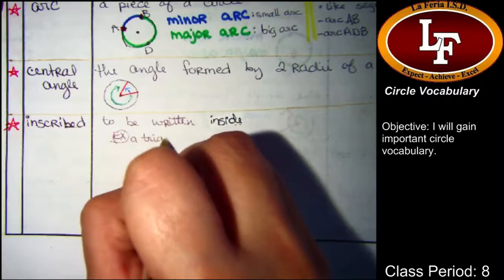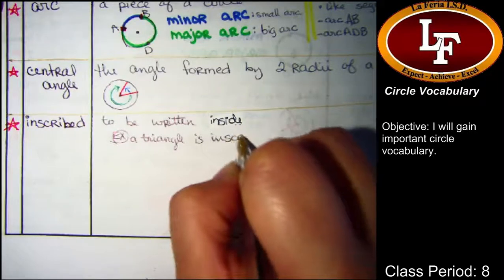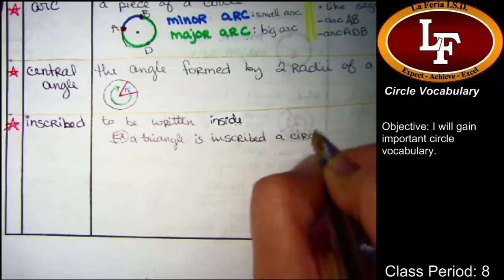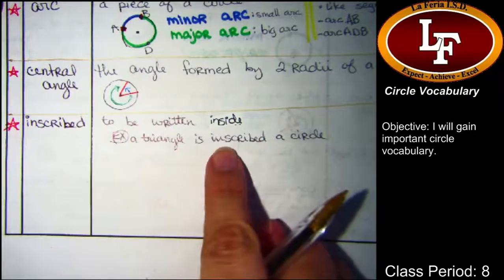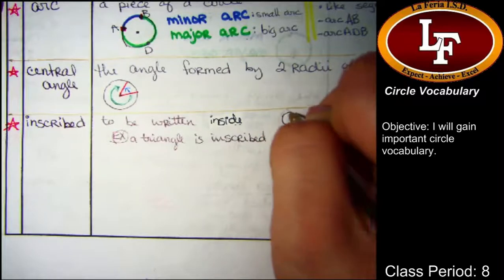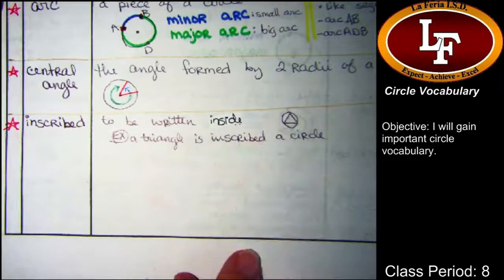A triangle is inscribed in a circle. A triangle is written inside of a circle. So take a circle and draw a triangle inside of it. But you have to make sure that those vertices, those corners, are touching the outside shape. Okay? I drew a circle with a triangle inside.